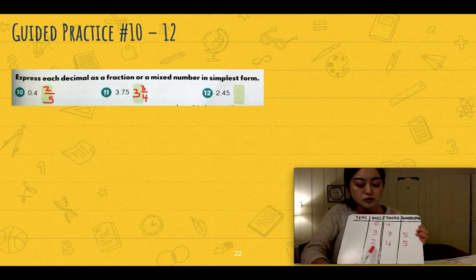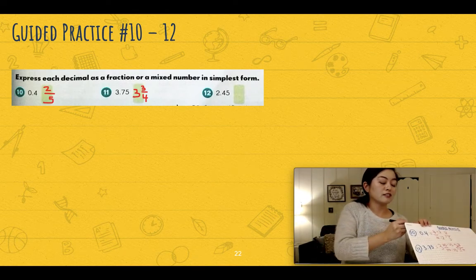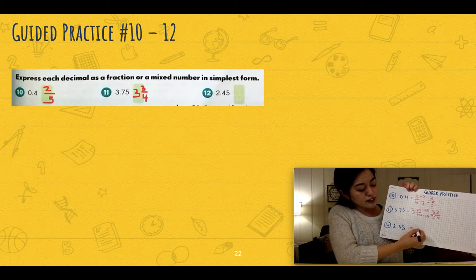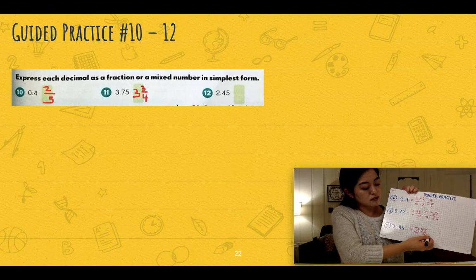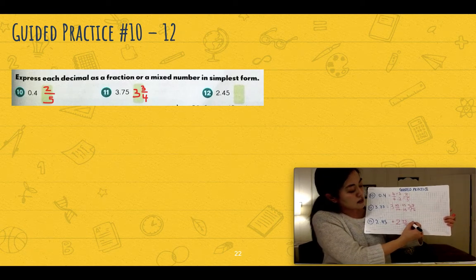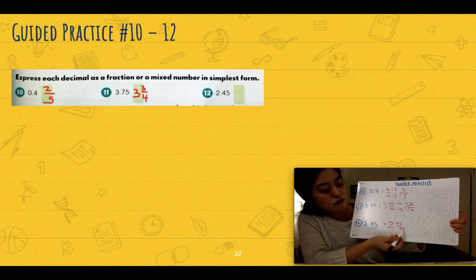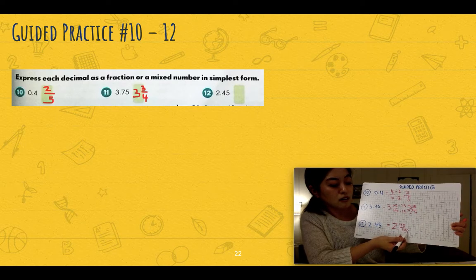And now let's look at our last one, number 12. 2.45 is read as 2 and 45 hundredths. So now that I read it, I know how to write it as a mixed number, 2 and 45 hundredths. Well, I know that I can divide by 5 because the ones place of my 45 is a 5, and 100 also works.